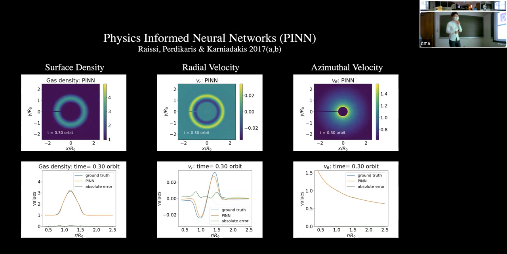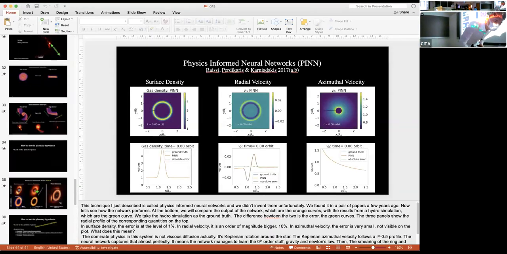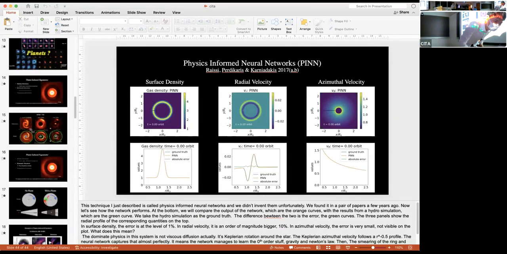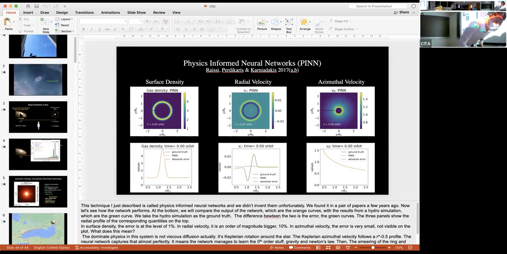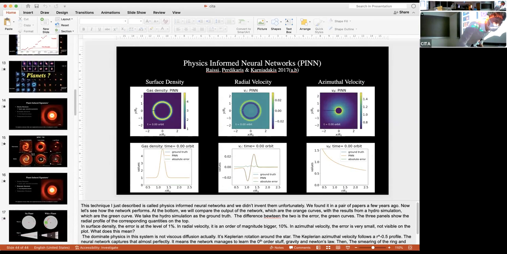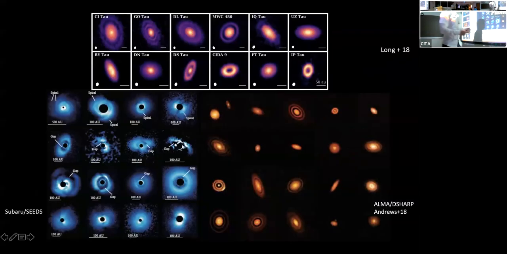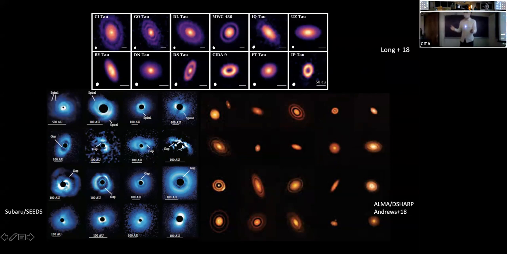Right, that's a very good question. Maybe I can go back to one of my gallery slides, which shows many disk images. If somebody asks, what are the most common features in protoplanetary disk images today?